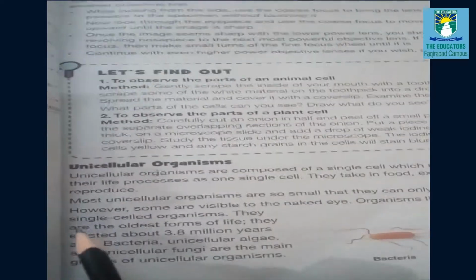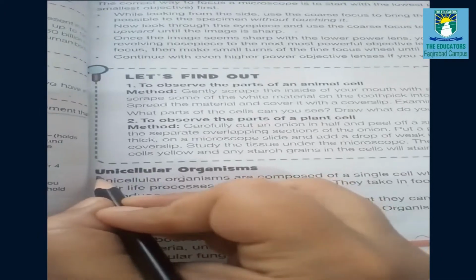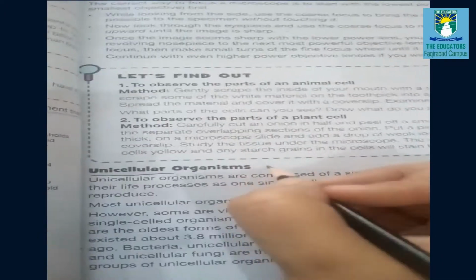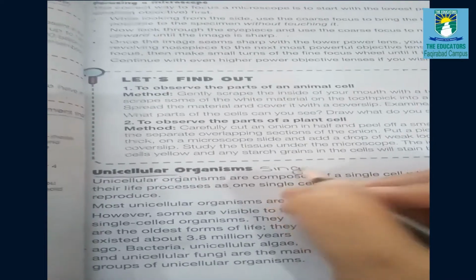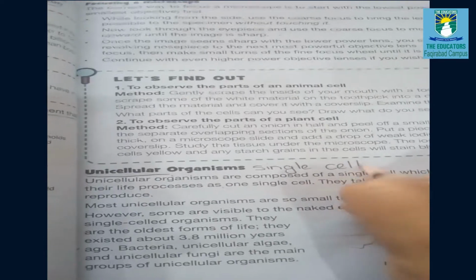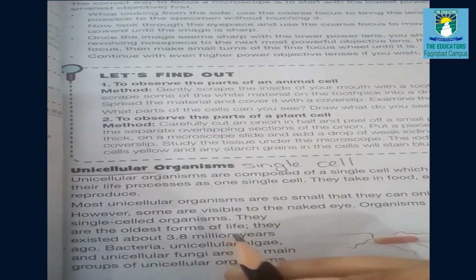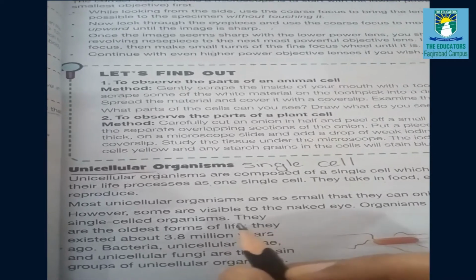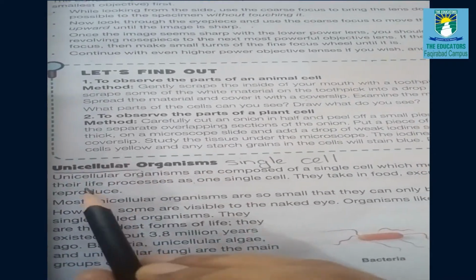Unicellular organism. What do you mean by unicellular? Unicellular means single cell. Underline this word. Write the meaning: single cell. Those living organisms which are made up of one cell are known as unicellular organisms.